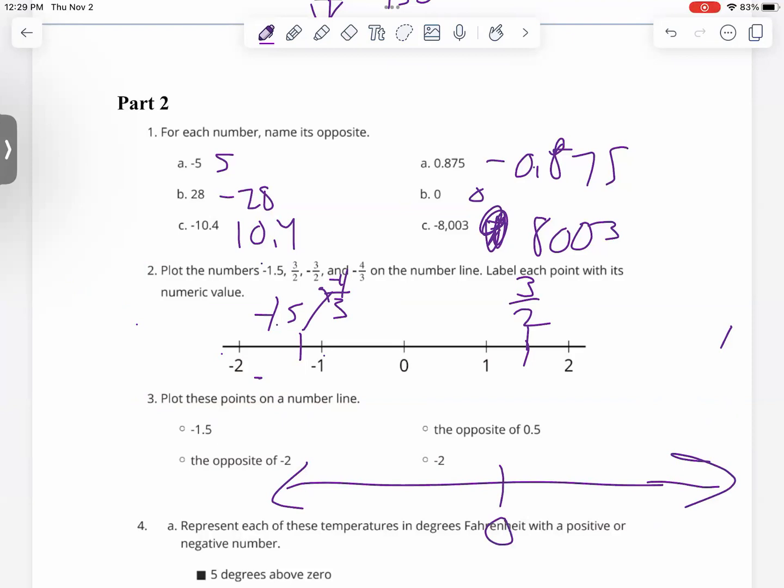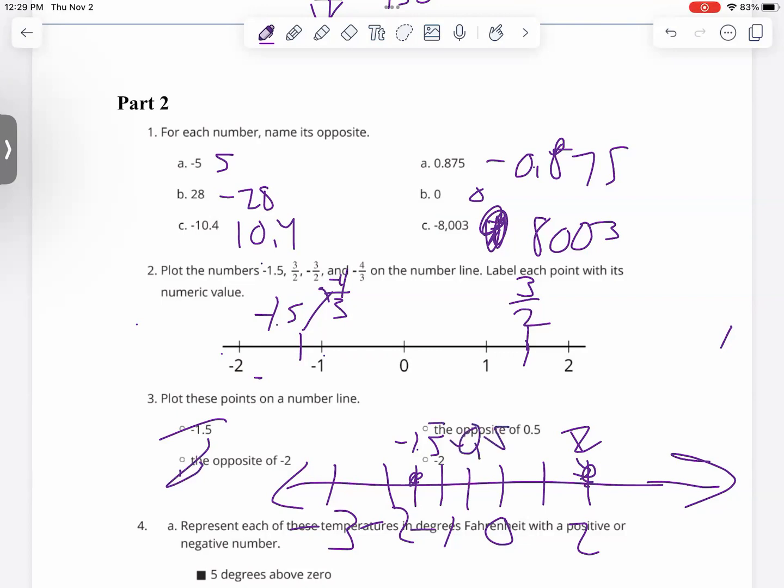I'm going to put negative 1, negative 2, negative 3, like that. So this is going to be negative 1.5. Done that one. The opposite of negative 2 is going to be positive 2. So put the point there, put the point there. And then the opposite of 0.5 would be negative 0.5. And then the number negative 2 is going to be here, after negative 1.5.